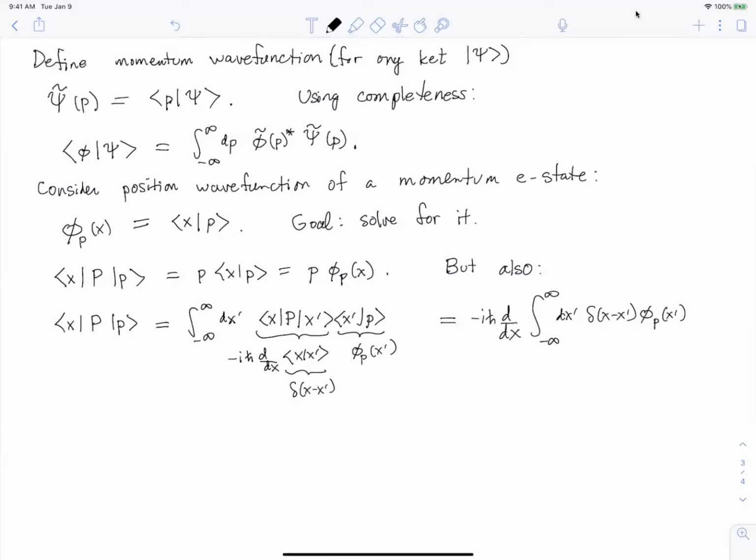So the magic thing that's happened is that now we're in a perfect form to use the definition of the delta function, because when you integrate a delta function, you just replace x prime with x, and you have no integral left. And so this is equal to phi sub p of x, which is again the thing we're trying to find.